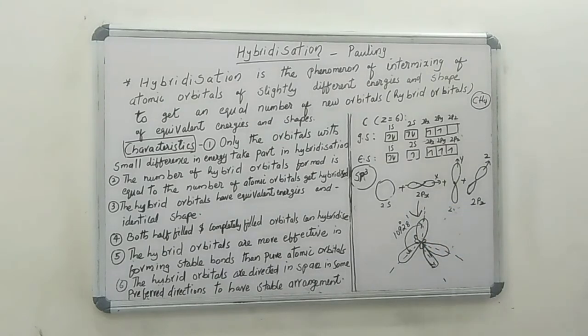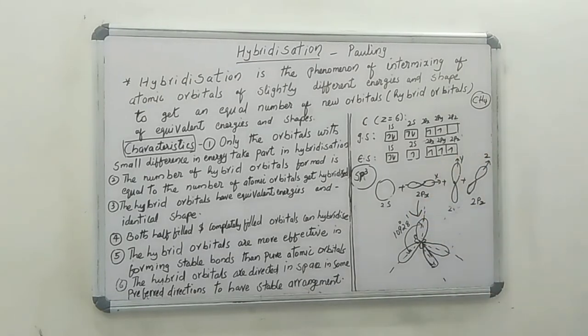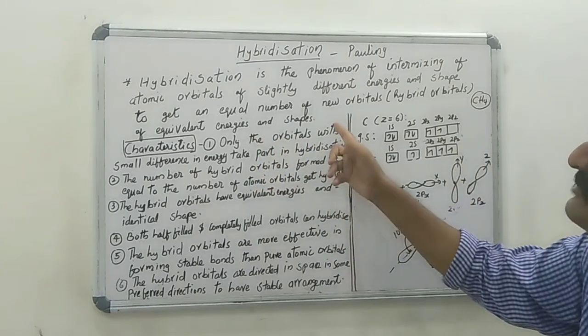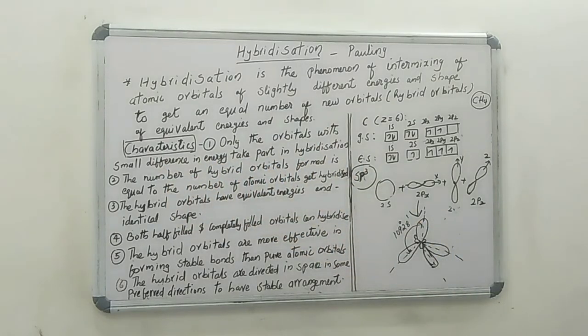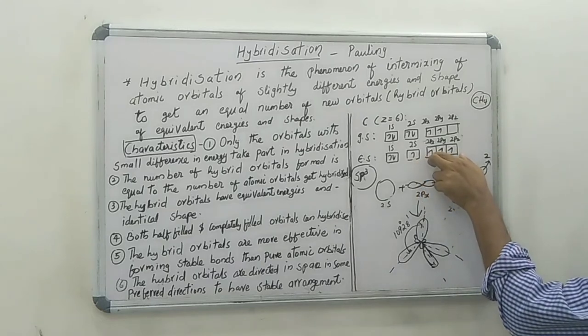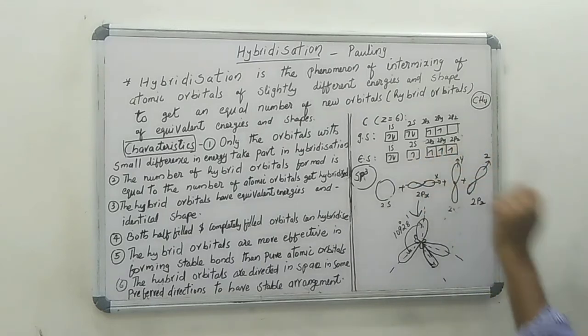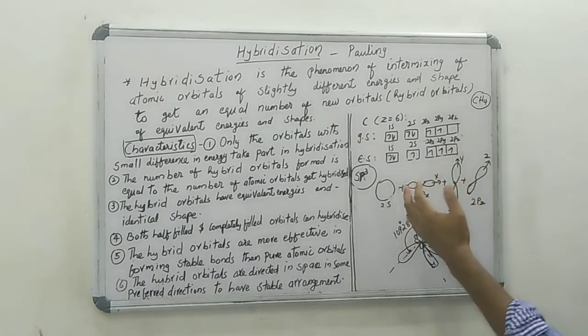Then, on the basis of this sp3 hybridization, we can discuss the characteristics of hybridization. First characteristic: only the orbitals with small difference in energy take part in hybridization. Here, the 2s orbital and the three 2p orbitals present in the valence shell of the carbon atom undergo hybridization.